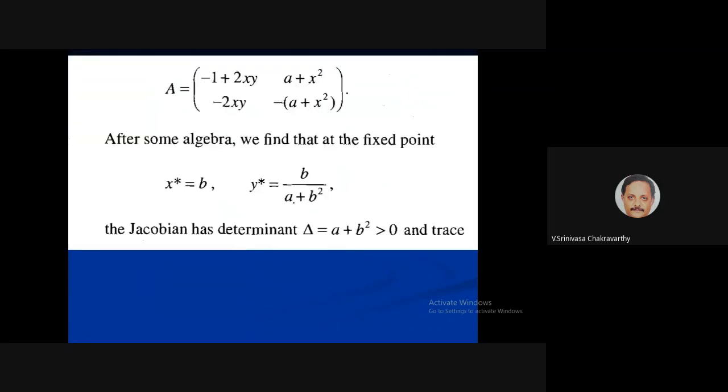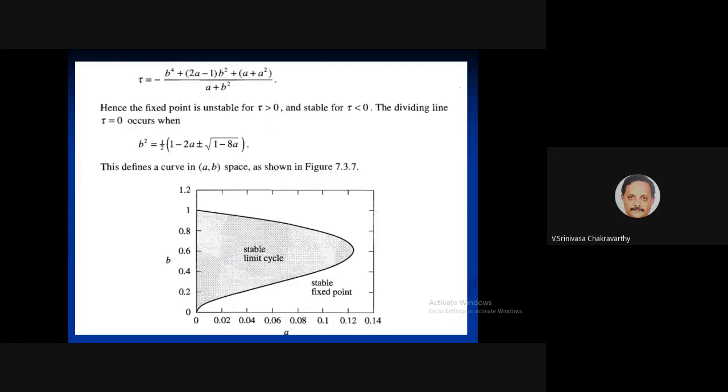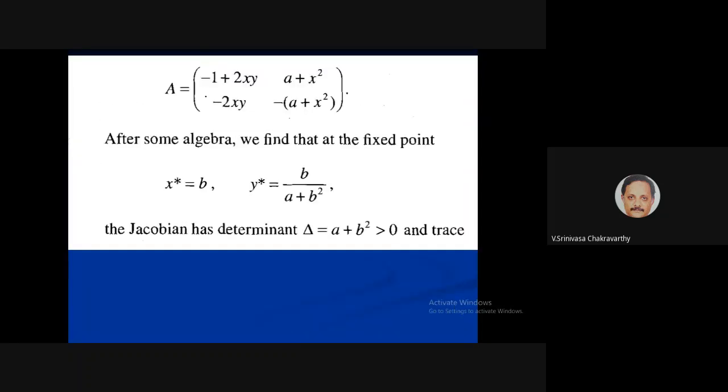So at this point, now we want to find out whether the point is unstable or stable. So as usual, find the Jacobian. The Jacobian is given by this, right? If you apply the fixed point here and do the stability analysis, we can show that this is tau, and delta is equal to a plus b square.